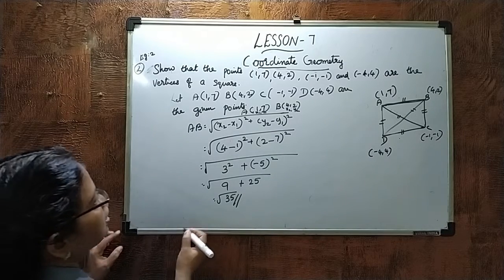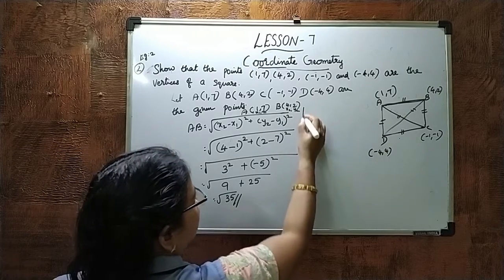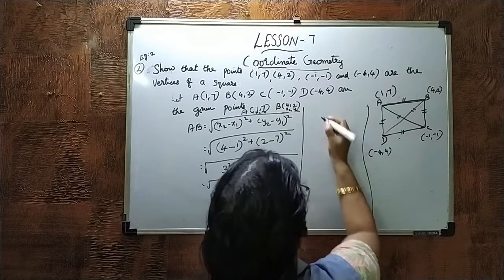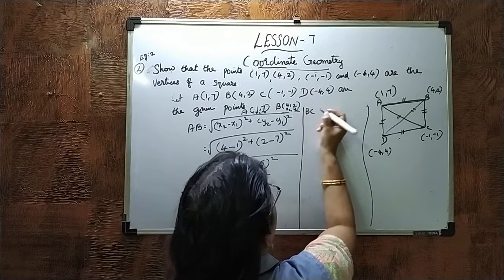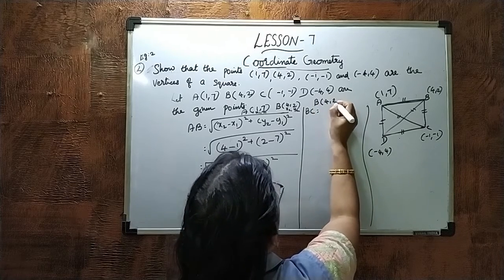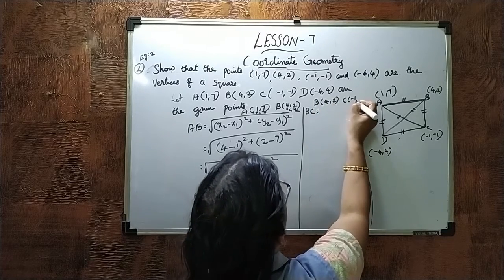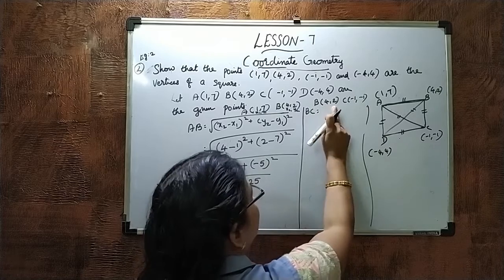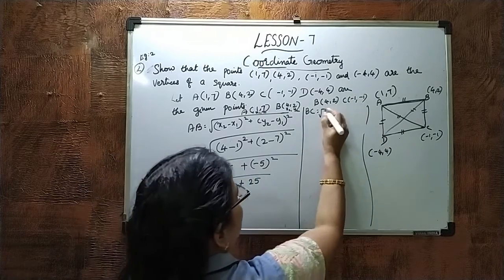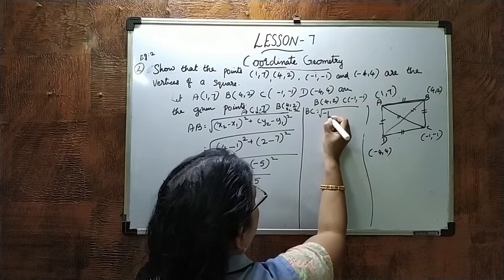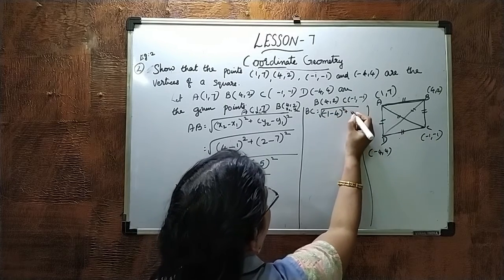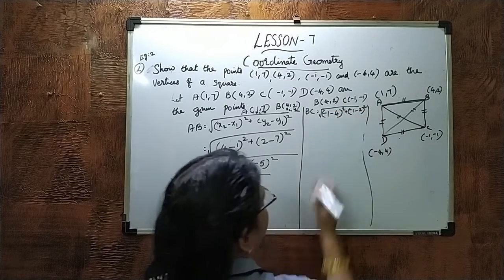Now next one, BC. You have to find out here. BC equals, so what is B? B is (4, 2) and C is (-1, -1). Here x1, y1 and here x2, y2, right? So again we start with root of (x2 minus x1) the whole square plus (y2 minus y1) the whole square.